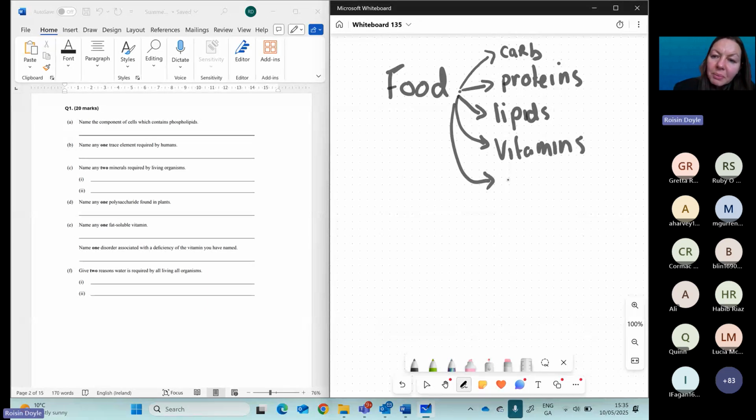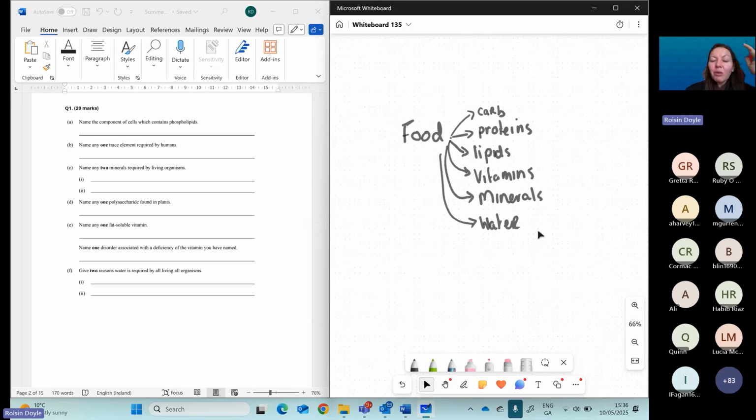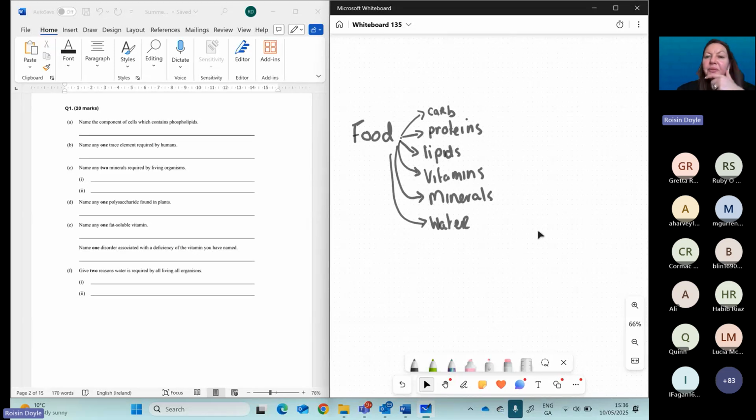You could be asked about minerals. You could be asked about water. So they are the key things associated with food, and I suppose knowing the functions of food. Why do you need food? And yes, there are experiments associated with the food chapter.